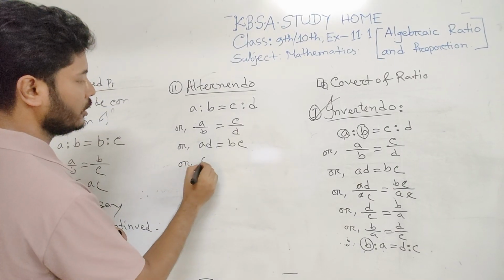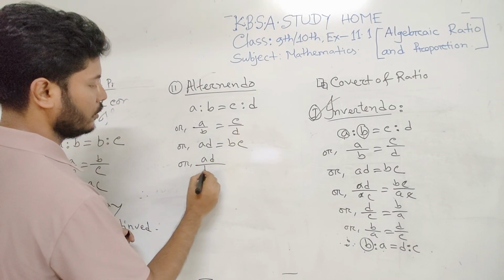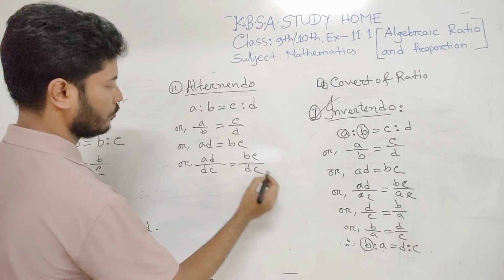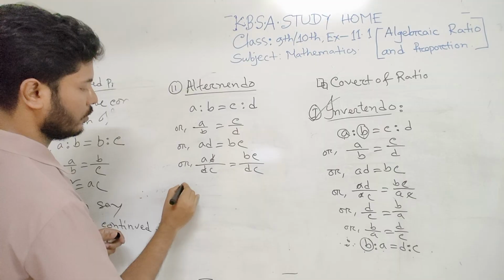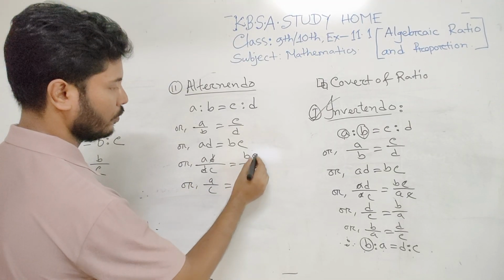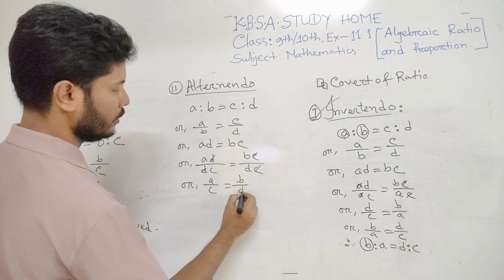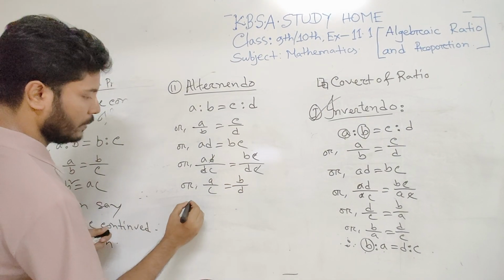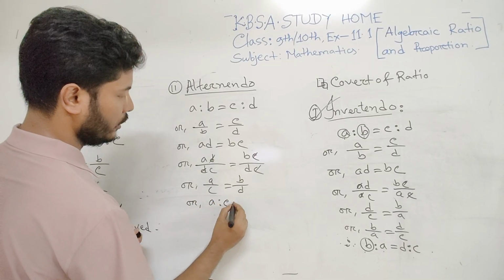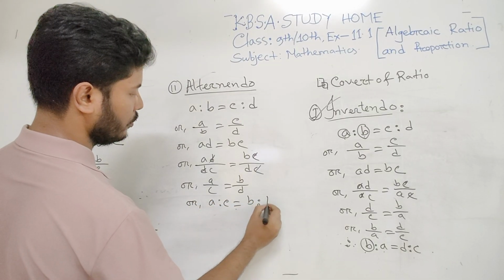We can divide by DC, so A by C is equal to B by D. A colon C, we can write it as B colon D.